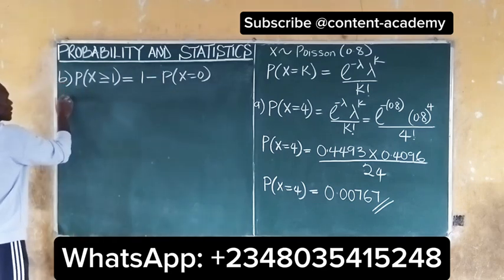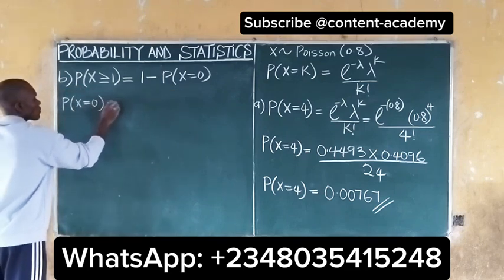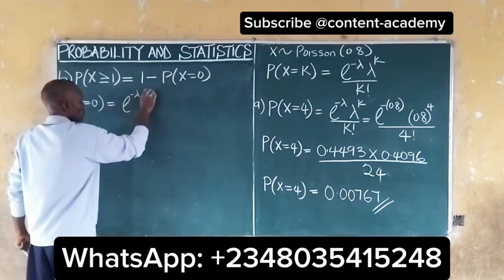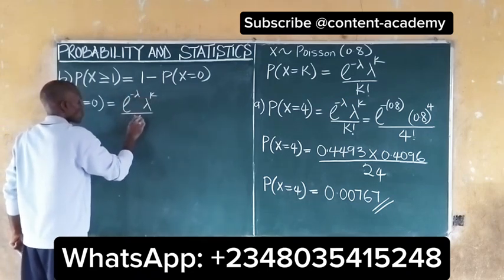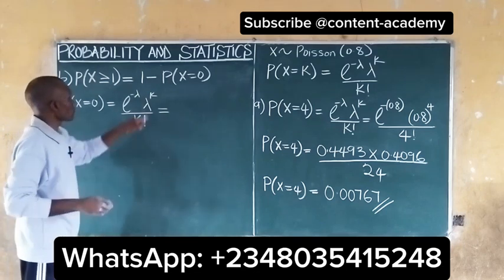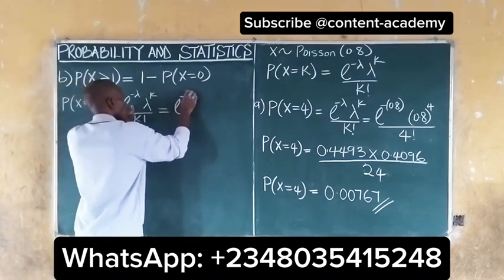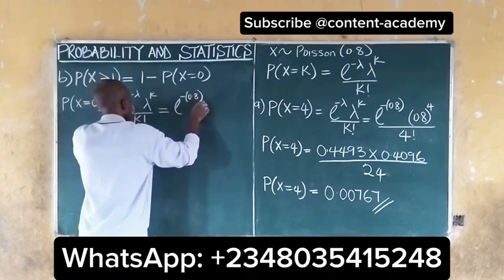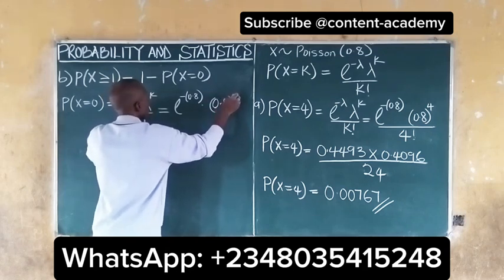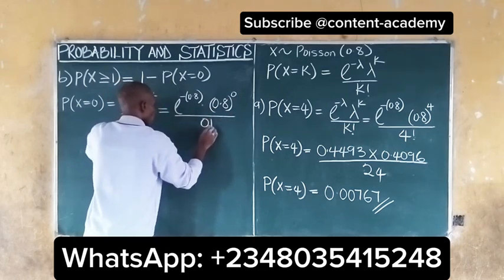The probability that X is equal to 0 is equal to exponential negative lambda times lambda raised to the power of k all over k factorial, which is the same thing as exponential negative 0.8 multiplied by 0.8 raised to the power of 0 all over 0 factorial.